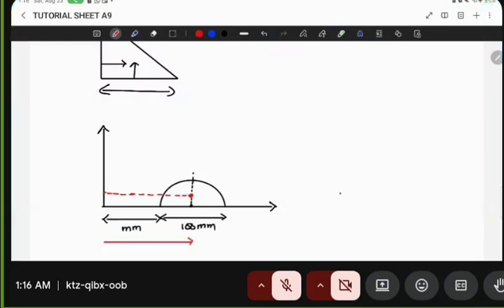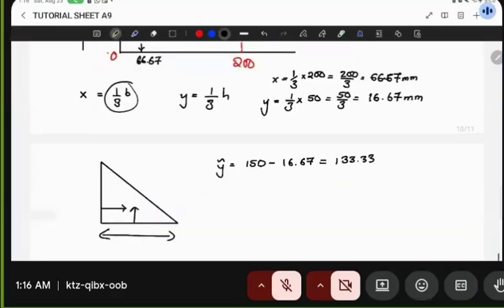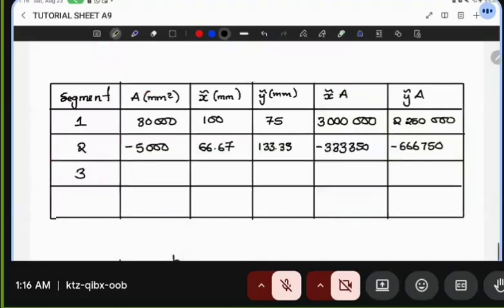Half and 50. 50 plus what? This 50 from here up to here, this 100 from here up to there, plus the radius, which is 50. You see that? Yes. So x tilde will be 150.